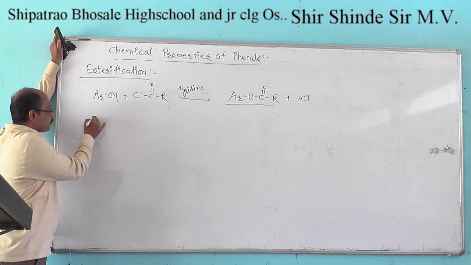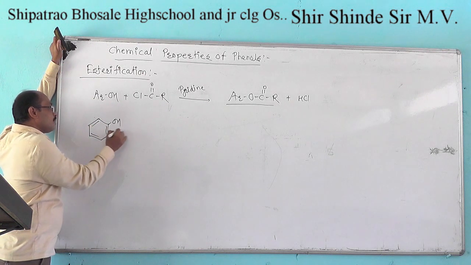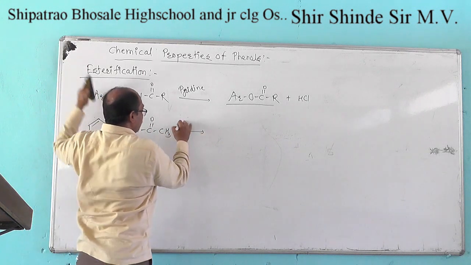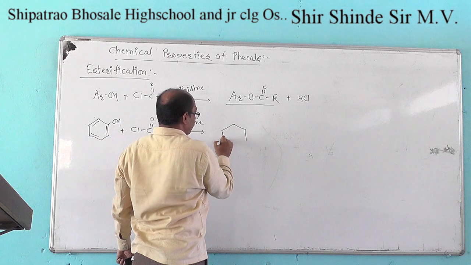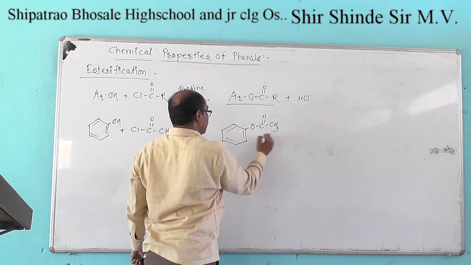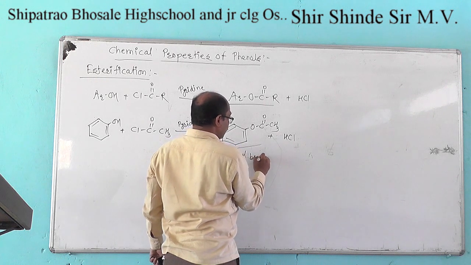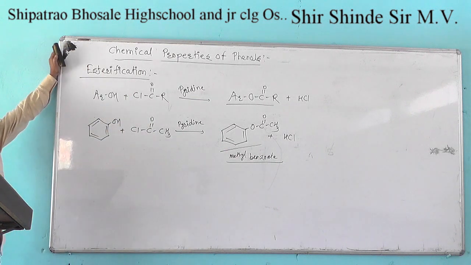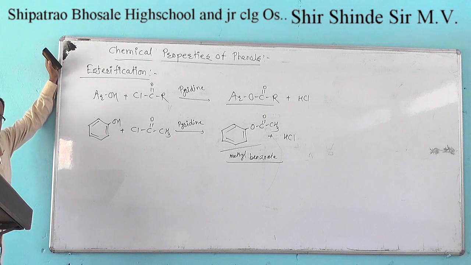For example, phenol on treatment with acetyl chloride in presence of pyridine gives us the formation of methyl benzoate. These reactions mainly involve the formation of ester from phenols, so we consider this reaction as an esterification reaction.